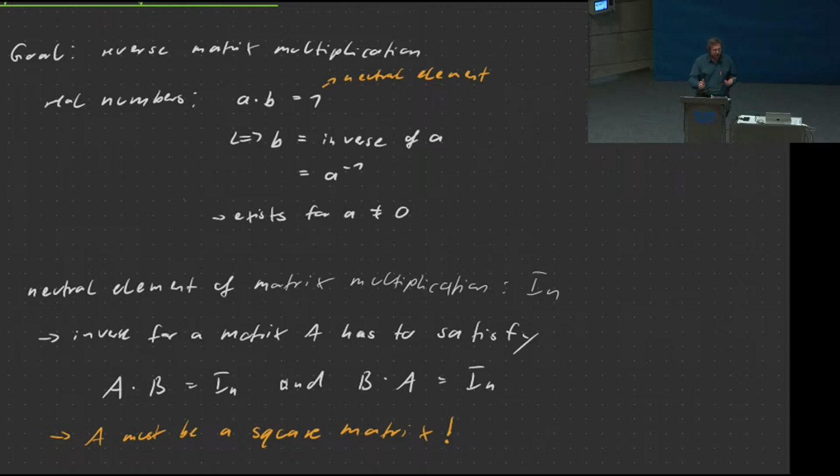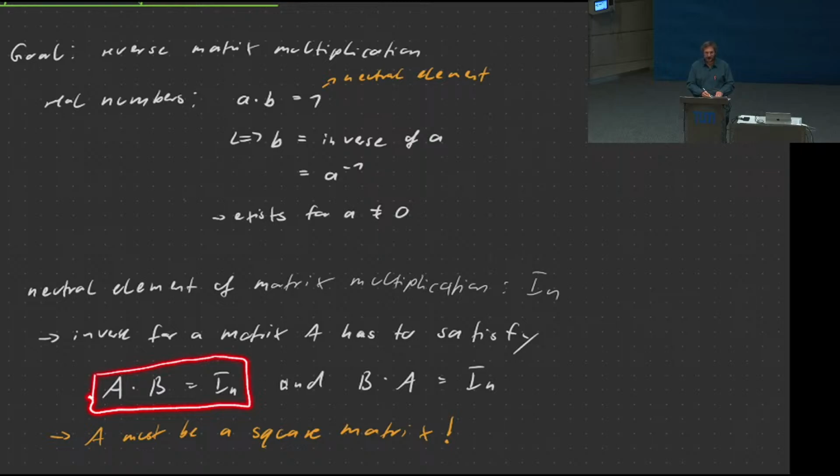For matrices, one can, of course, ask the same question. In this case, the neutral element of multiplication is the identity matrix. So anything multiplied by the identity matrix will just stay the same. So the question will be, for a given matrix A, is there some B that satisfies A times B is the identity matrix?